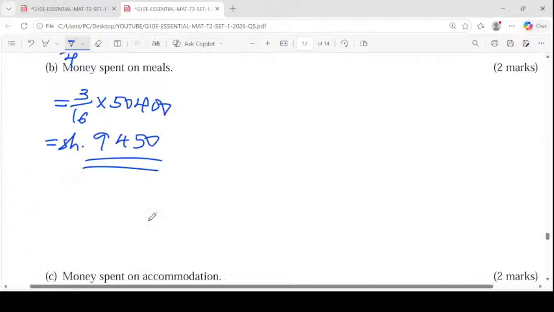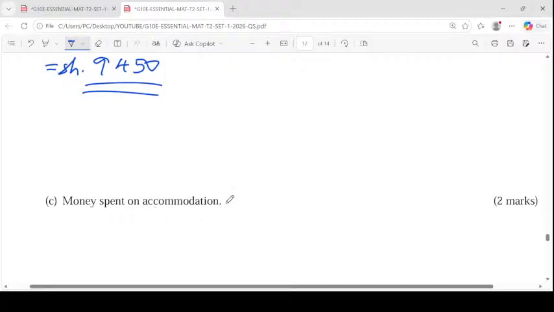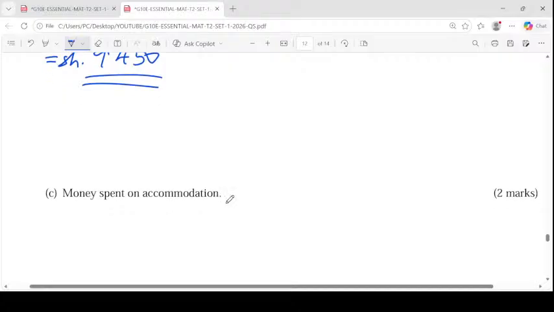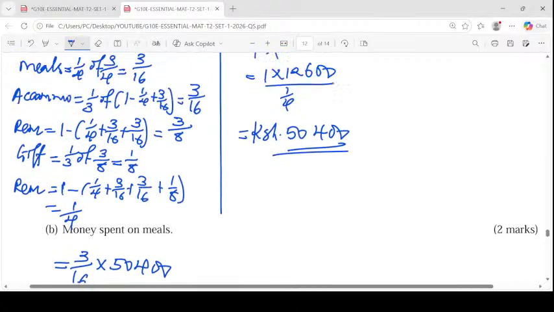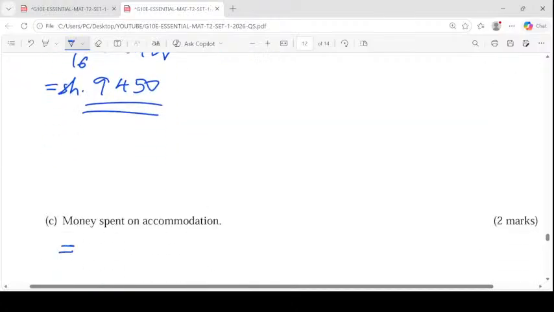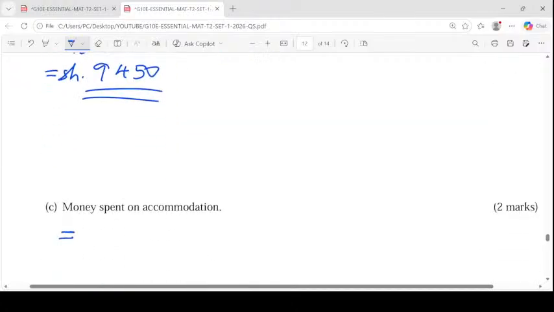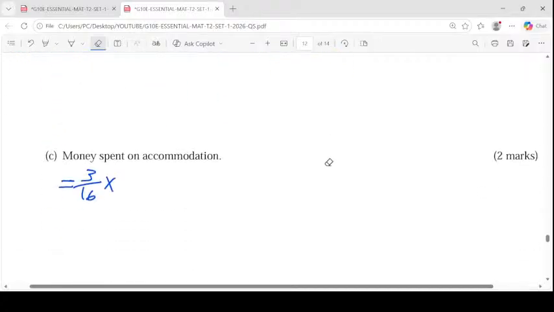But next they are saying the money spent on accommodation. Accommodation, you can see it is 3 over 16 again. So it's 3 over 16 multiplied by, sorry, not by 9450, but multiply this by 50,400.